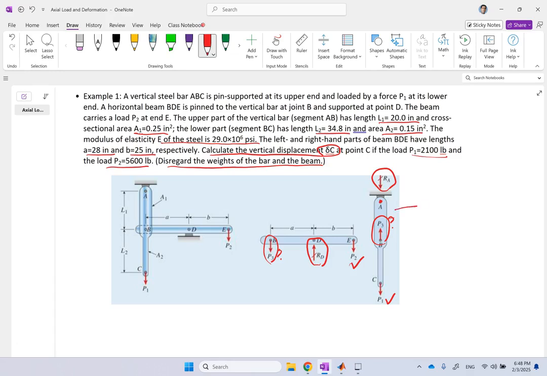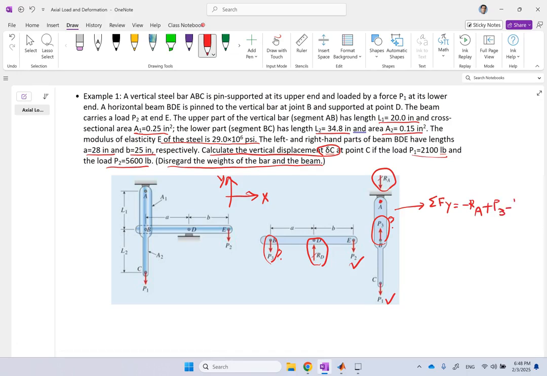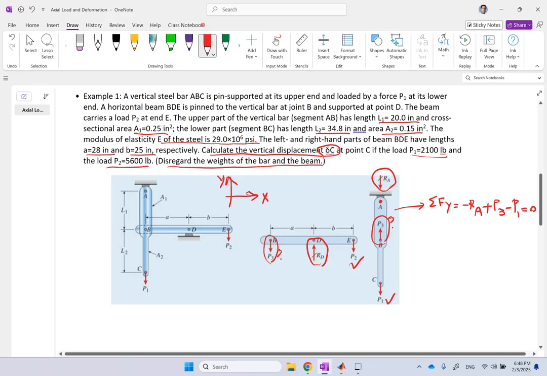So in this FBD on the right, if you write sum and assume that the y-axis is upward and x is to the right, so if I write sum of the forces along the y direction for this guy, it's going to be negative RA and then plus P3 and minus P1. This is 0, clearly one equation with two unknowns.